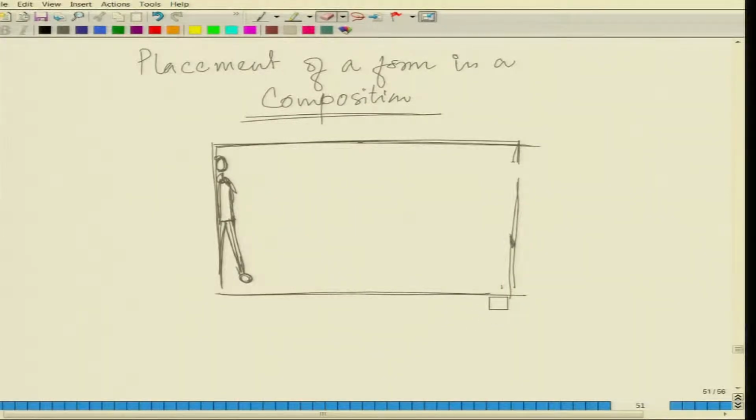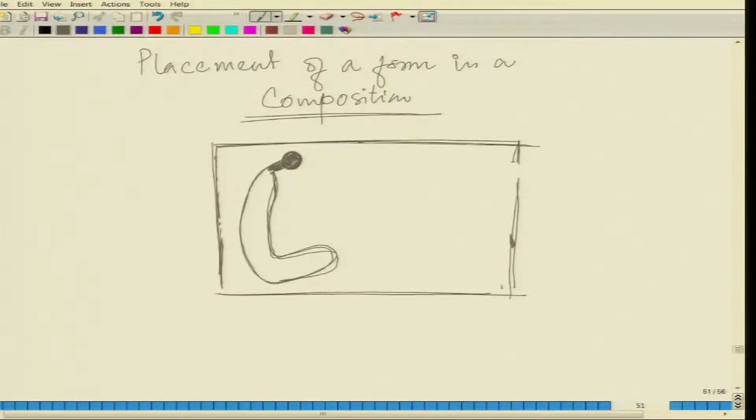As we say that in a composition that looks like a C, so you have an order which is like a C, and you have maybe a figure in the same formation, sitting there.